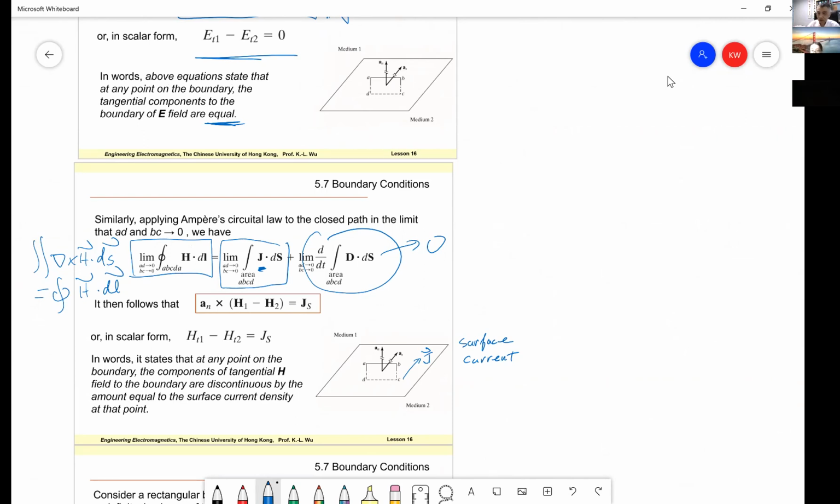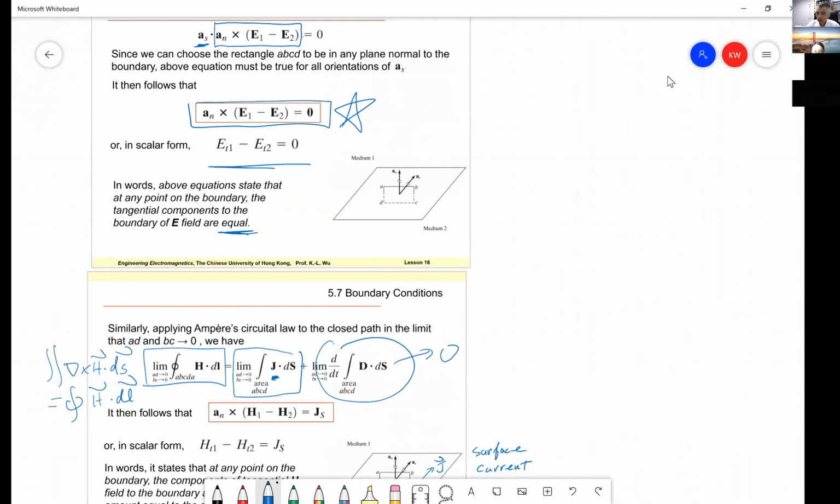On the left-hand side, I just change E to H. Exactly the same thing. But on the right-hand side, even though the area of ABCD is pressed to 0, because this current exists right on the surface, even though the area is 0, the current is still there. So that equals the current density.